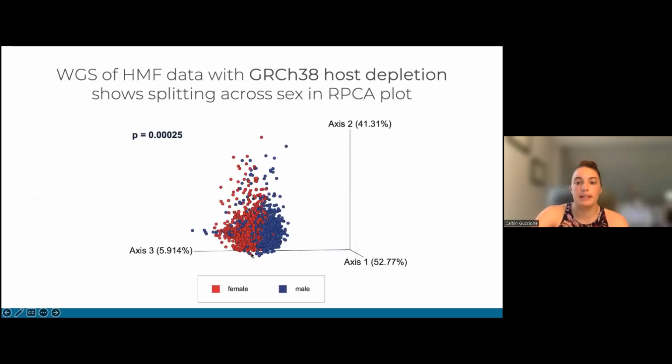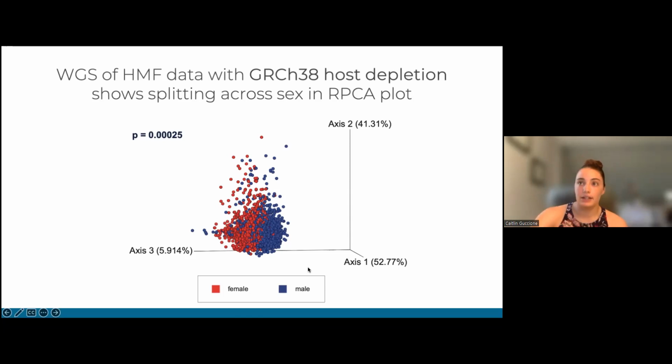So what we did with this data here is we ran it through a host depletion pipeline that we've already talked about. So basically, we started with our tissue samples, someone else sequenced it. We mapped it against HD38 to host deplete, and we put everything into this lovely RPCA plot. So as a reminder, we have, I think, around 5,000 samples here. Each dot is a sample.